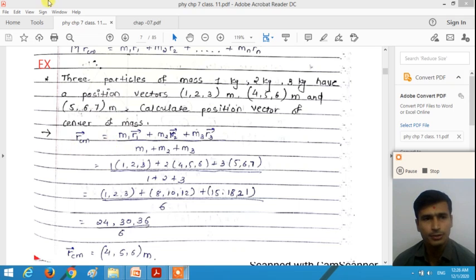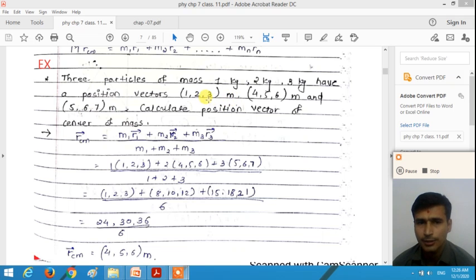So now, dear students, we will take one example. Example: three particles of masses 1 kg, 2 kg, 3 kg have position vectors as follows. The first particle has a position vector 1, 2, 3 meter, right?